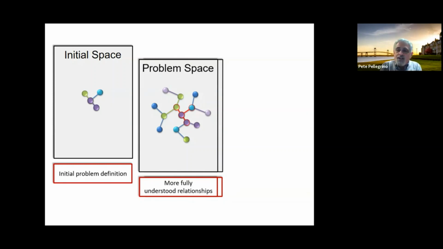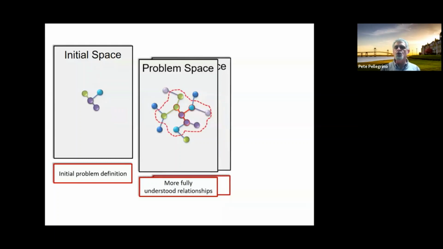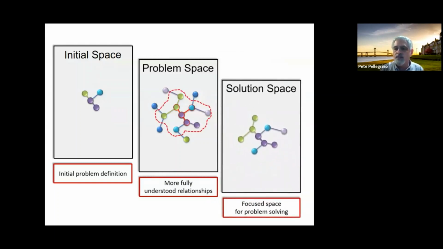But in this construct now, we need to somehow get this narrowed down. Yes, we now more fully understand the problem space, but it's probably too big to tackle in a single game. So, as we talked about in some of those earlier designs, we're going to draw that box and begin to focus where we're going to look at stuff in the context of our problem. We've gone from an initial space where the problem was fairly small.